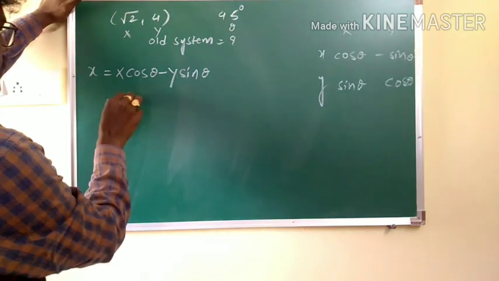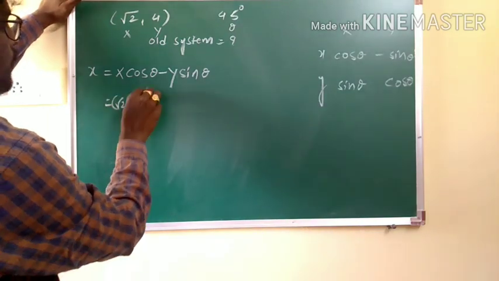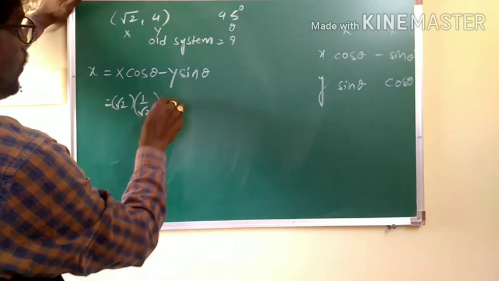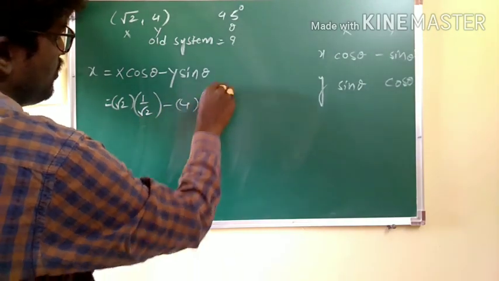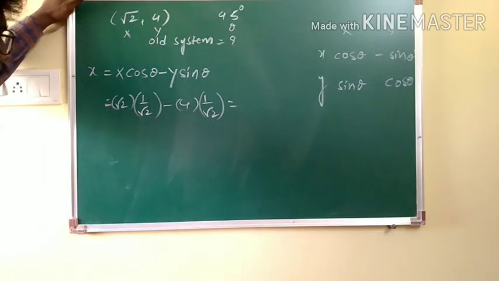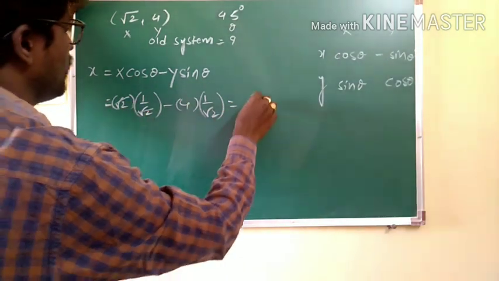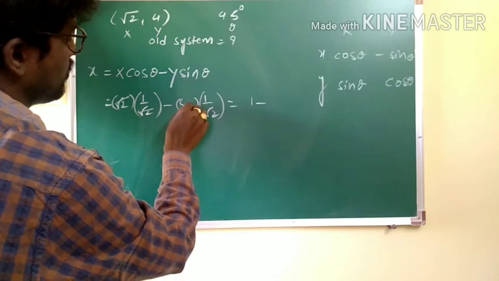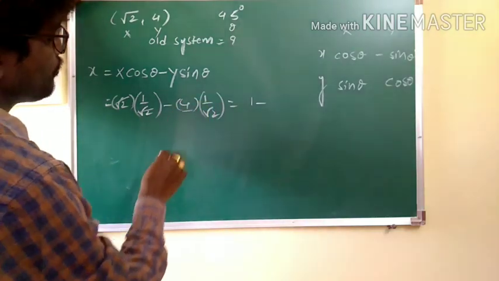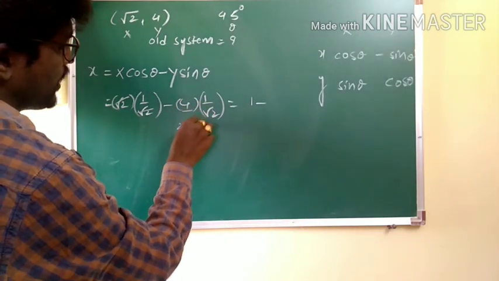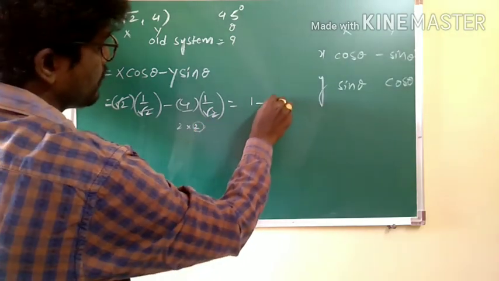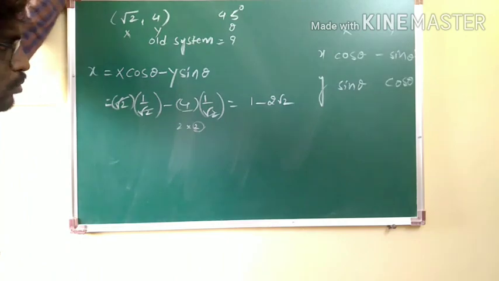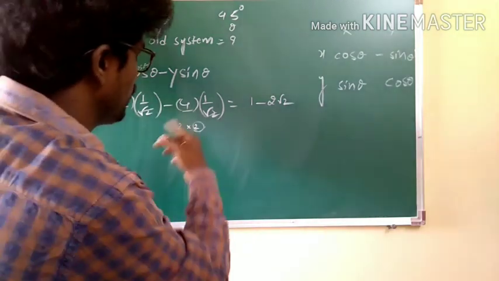Root 2 into cos 45, 1 by root 2, minus 4 into sin 45, 1 by root 2. So you are getting, root 2 gets cancelled, 1 minus 4 by root 2. Hope you understand this small calculation.